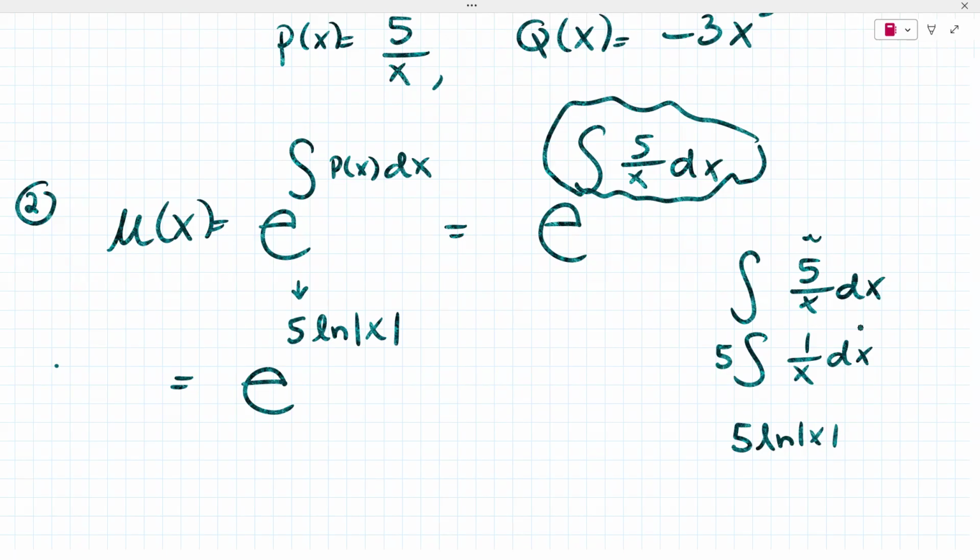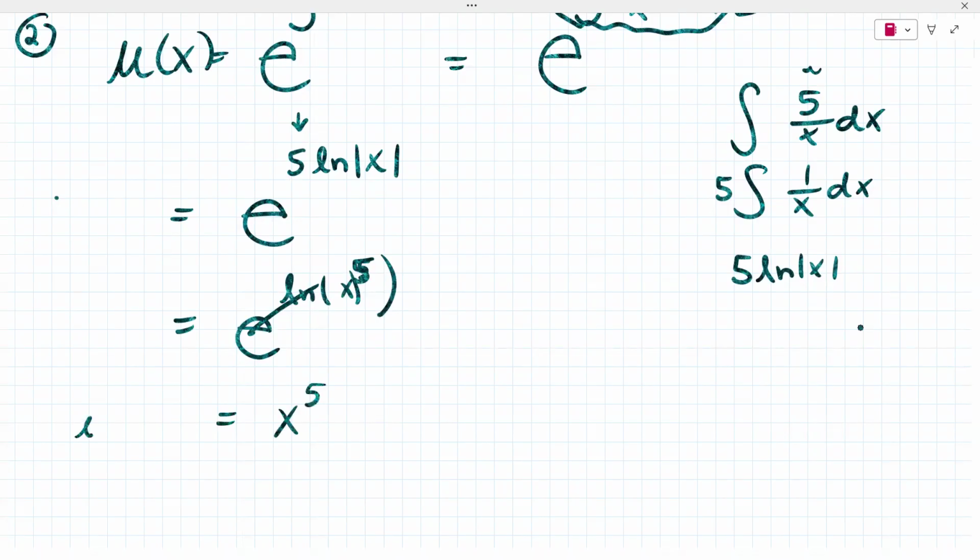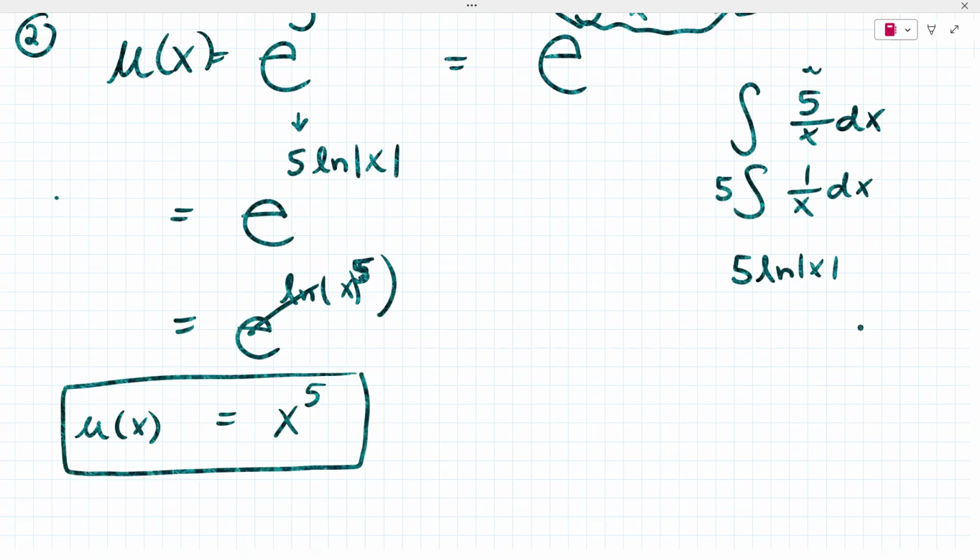What happens when you have a number in front of a natural log? When you're expanding, it's your power, right? So you can rewrite this as e to the ln of x to the 5, and I know x is going to be positive. Now you may cancel the e and the ln, so you're just left with x to the 5. So your mu is x to the 5. Okay, so we're going to need that.